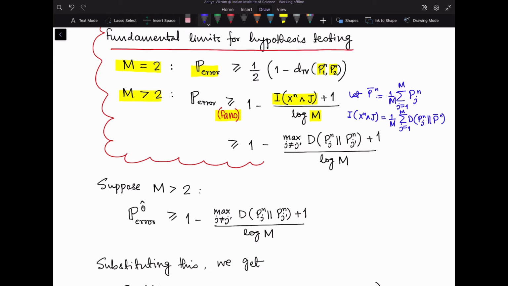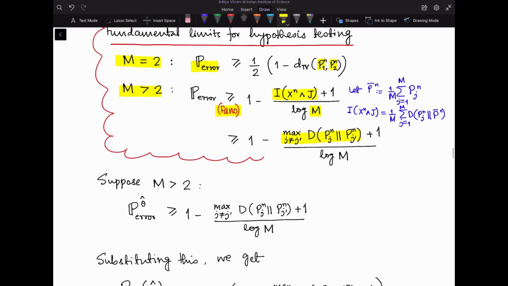Okay, so we can show that you can upper bound this I by this pairwise maximum divergence between pj to the power n and pj dash to the power n. Okay, you can use convexity of the KL divergence to get this result. So if you want more information on this, you can refer to lectures by Professor Tyagi.